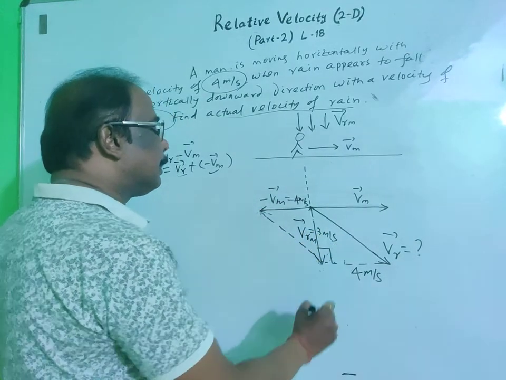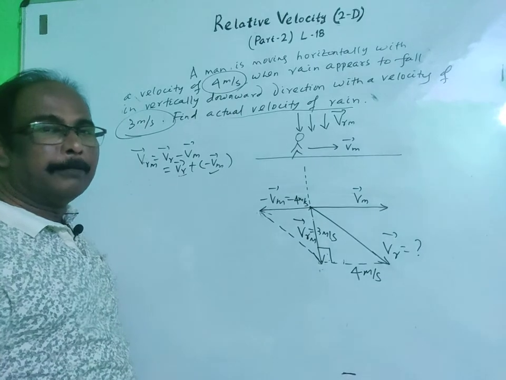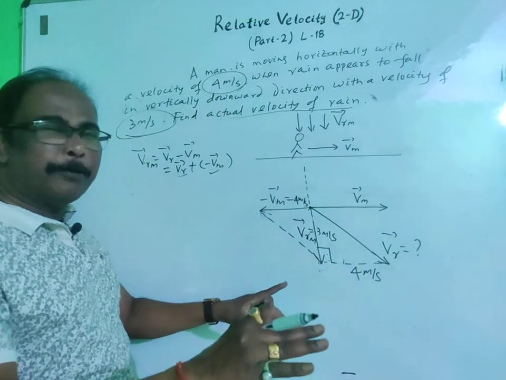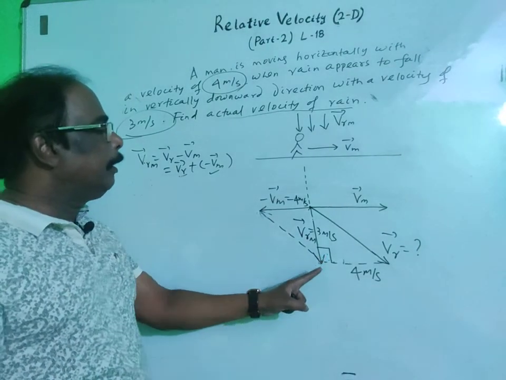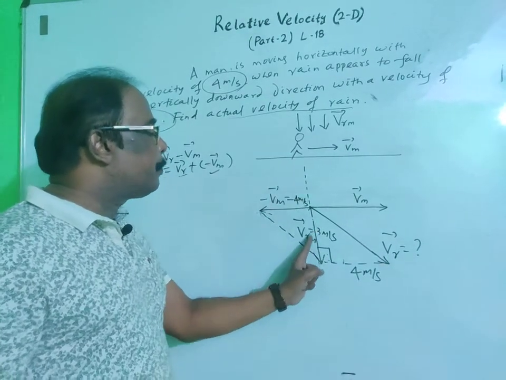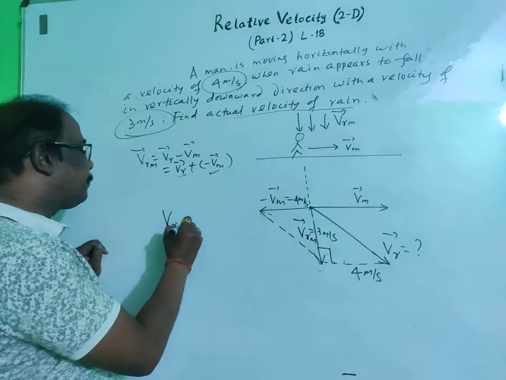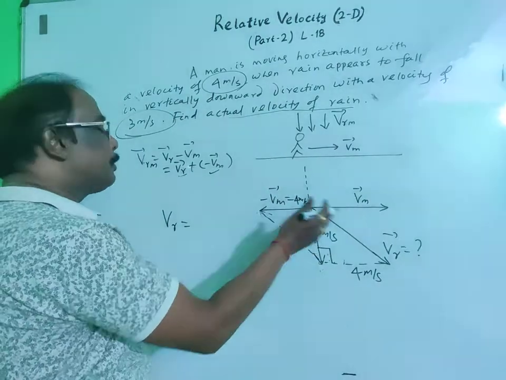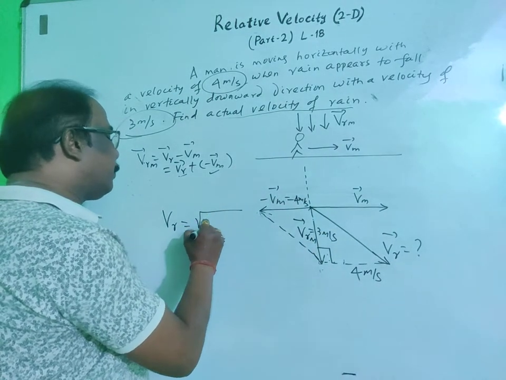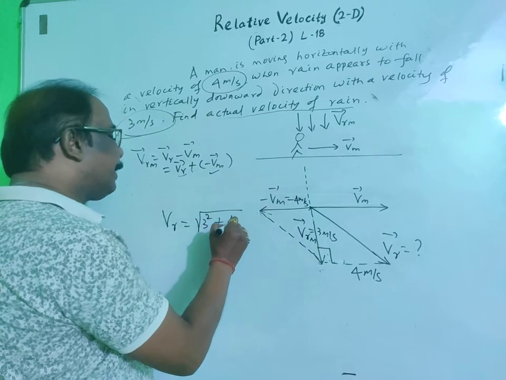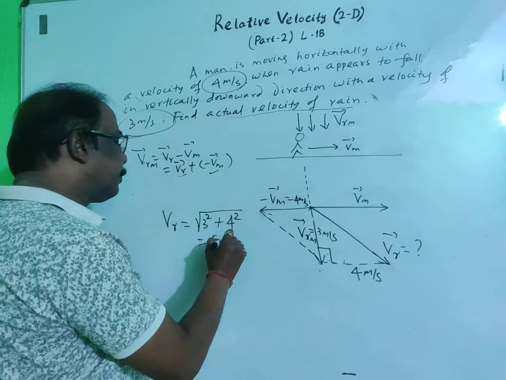Then obviously this angle is 90 degrees. Simply apply Pythagoras theorem. This is 90 degree, this is base, this is perpendicular, and this is hypotenuse. Then magnitude of velocity of rain, means actual velocity of rain, is square root of 3 square plus 4 square. This is 5 meter per second.